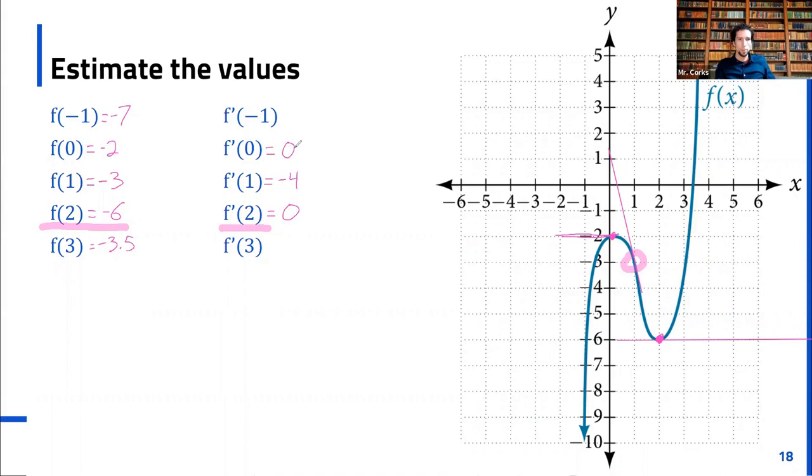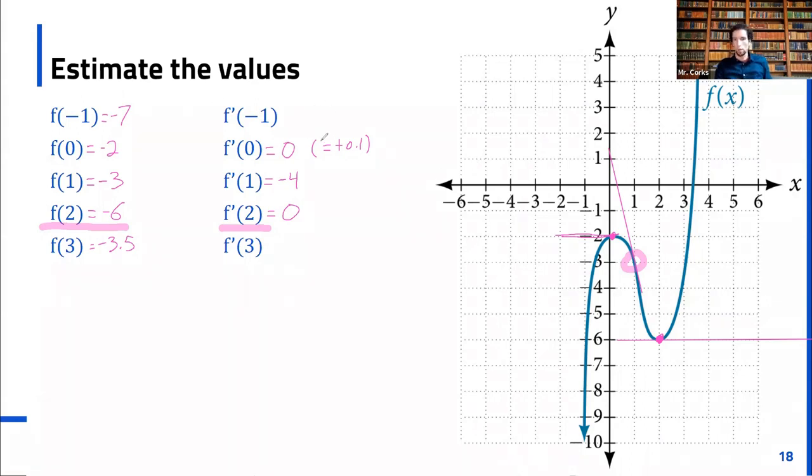So probably 0, or maybe like 0.1. So it might be slightly positive. We might be a tiny bit before that maximum point, but very, very close to 0, whatever it is.